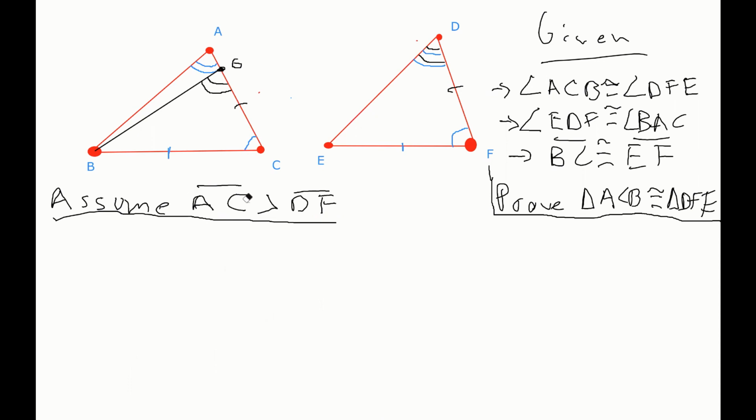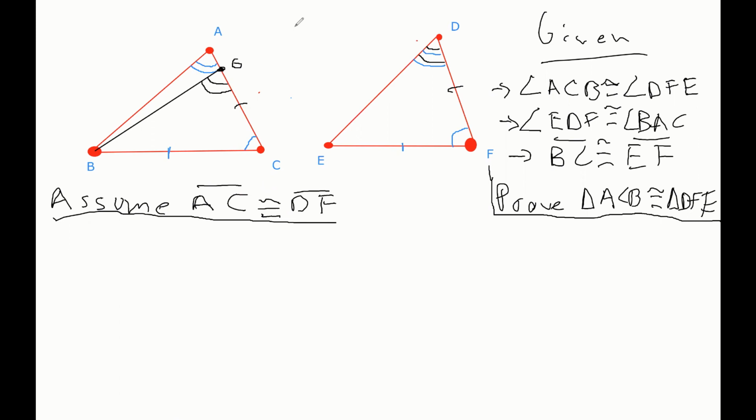But if AC was less than DF, we could make the exact same argument on the other side. So it must be the case that AC isn't greater than or less than DF. It must be the case that AC and DF are congruent.